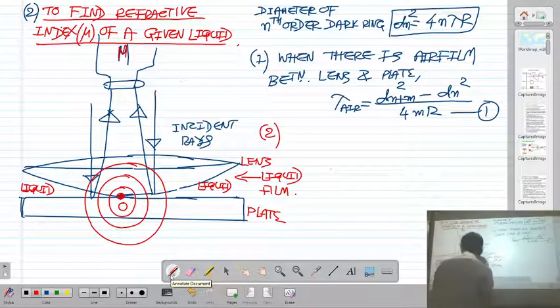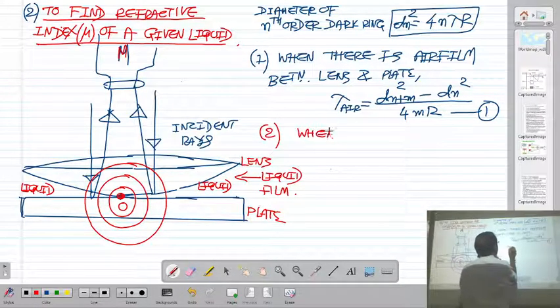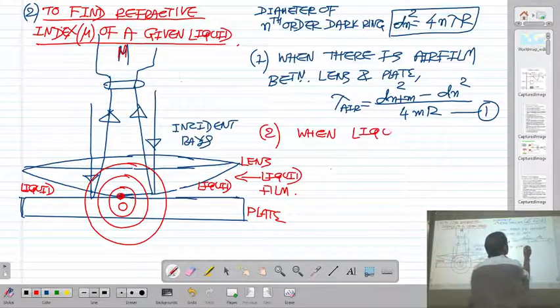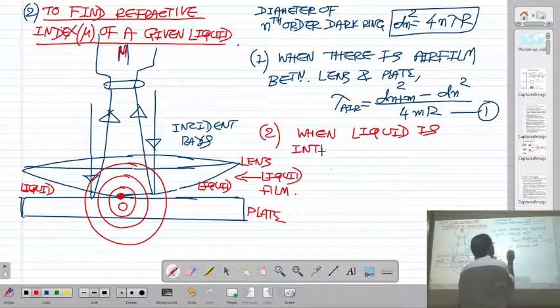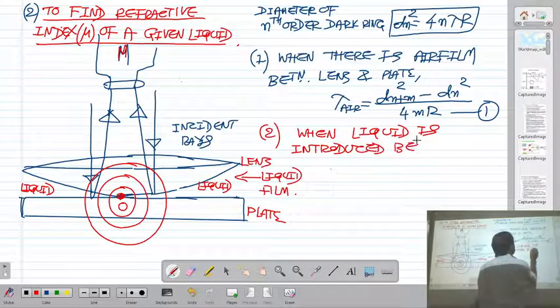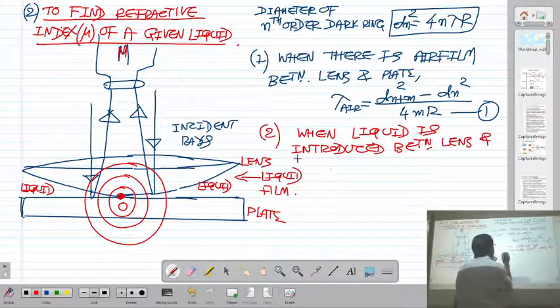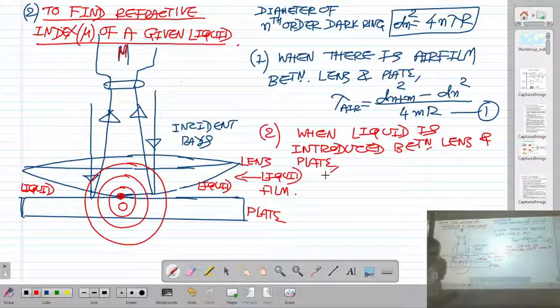So second part, when liquid is introduced between lens and plate, suppose you are given water or glycerin.